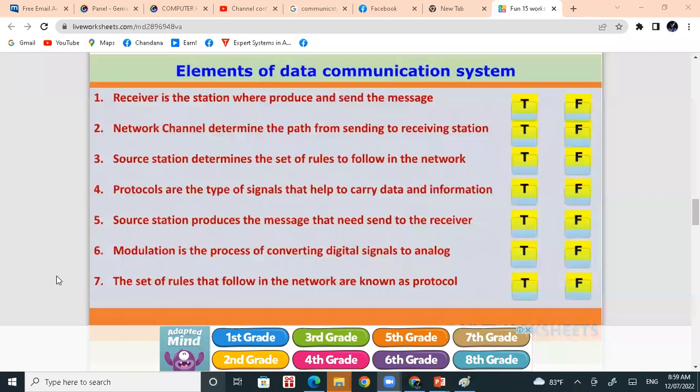Right, I think now you have finished marking true or false.